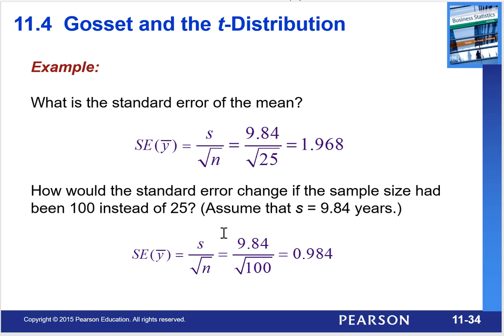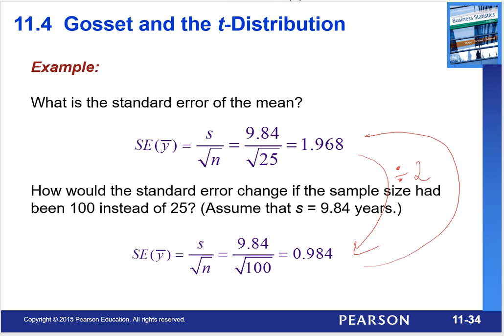I take the standard deviation and divide by the square root of the new sample size of 100. What do you notice about these two? I'm hoping you see that going from here to here, it looks like I just divided by 2.